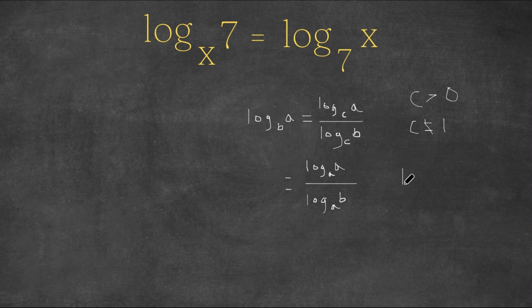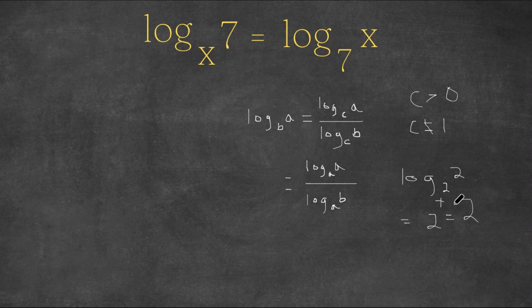Because let's say we have log base 2 of 2, right? Then this is the same thing as saying 2 to the power of what equals 2. And 2 to the power of 1 has to equal itself, because it's essentially asking a number to the power of what equals itself.